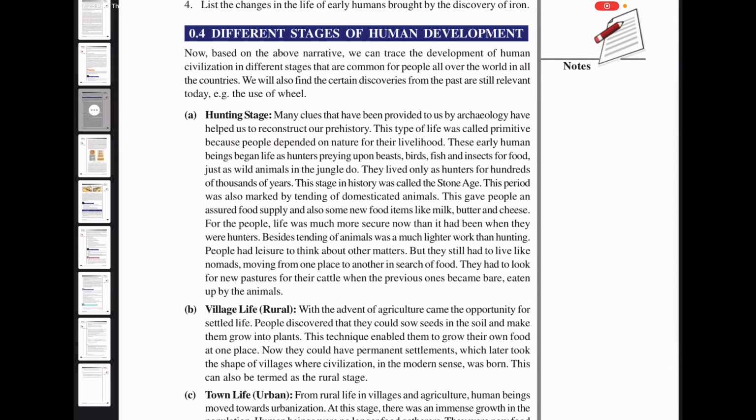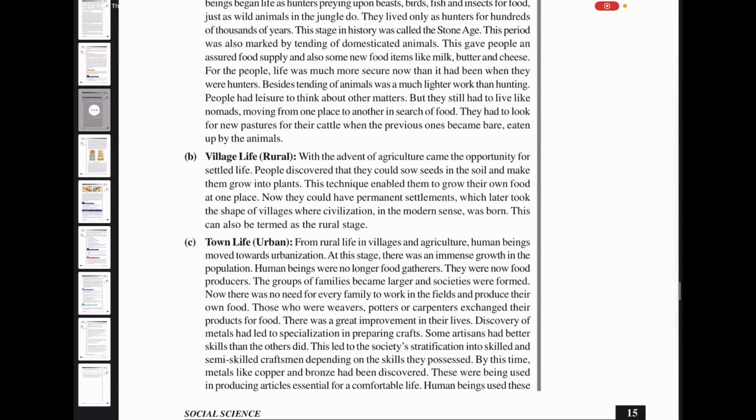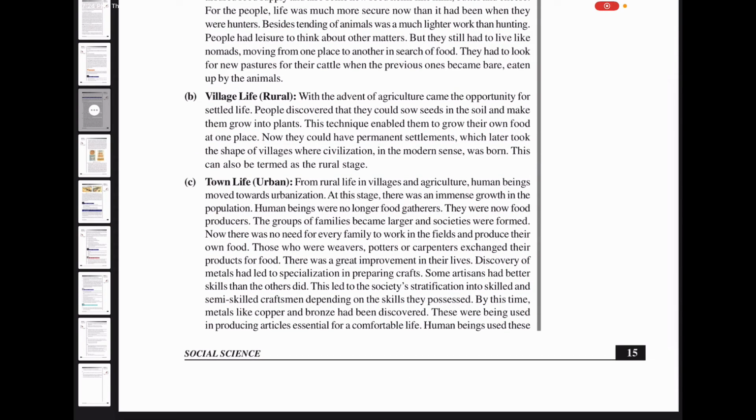Besides, tending of animals was a much lighter work than hunting. People had leisure to think about other matters, but they still had to live like nomads, moving from one place to another in search of food. They had to look for new pasture for the cattle when the previous one became bare, eaten up by the animals.